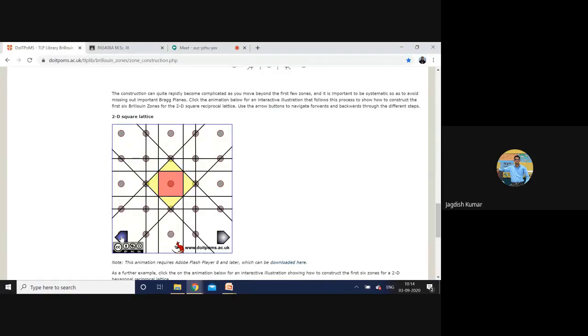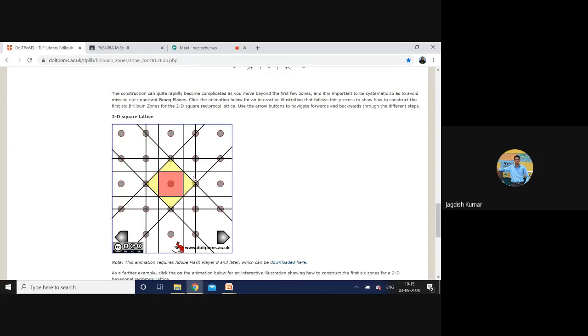It is the area in reciprocal space which we can access from the second Brillouin zone after crossing only a single Bragg's plane. Again, suppose you are in the second Brillouin zone, that yellow area. Now what area is accessible just after crossing a single Bragg's plane?